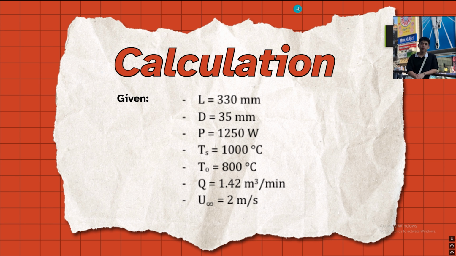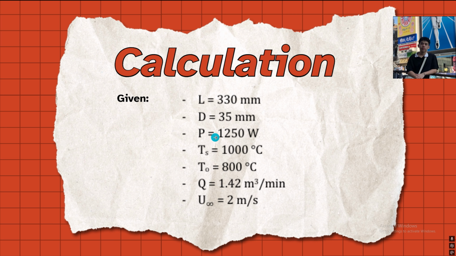Welcome. In this presentation, we will walk through the calculations for analyzing heat transfer in a crossflow over two tube banks or two bundles. So, we begin with our given parameters for this problem. The length of the tubes L is 330 millimeters, D or the diameter is 35 millimeters.